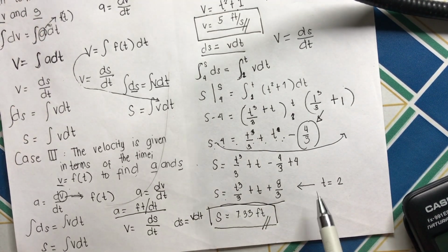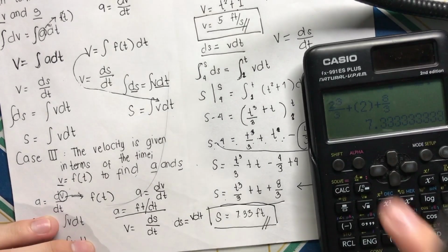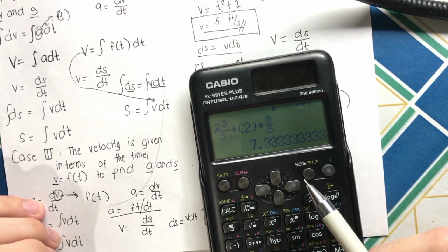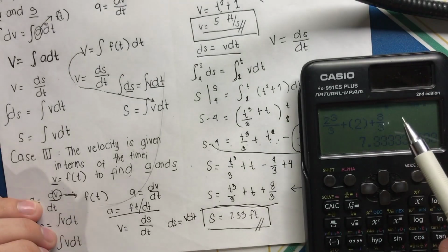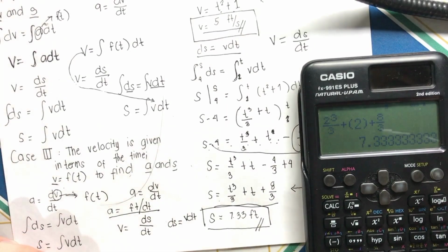When t equals 1 second, the displacement equals 4 feet. What will be the displacement when time equals 2 seconds? We input this in the given, which is 2 cubed over 3 plus 2 plus 8 thirds, which gives 7.33 feet.